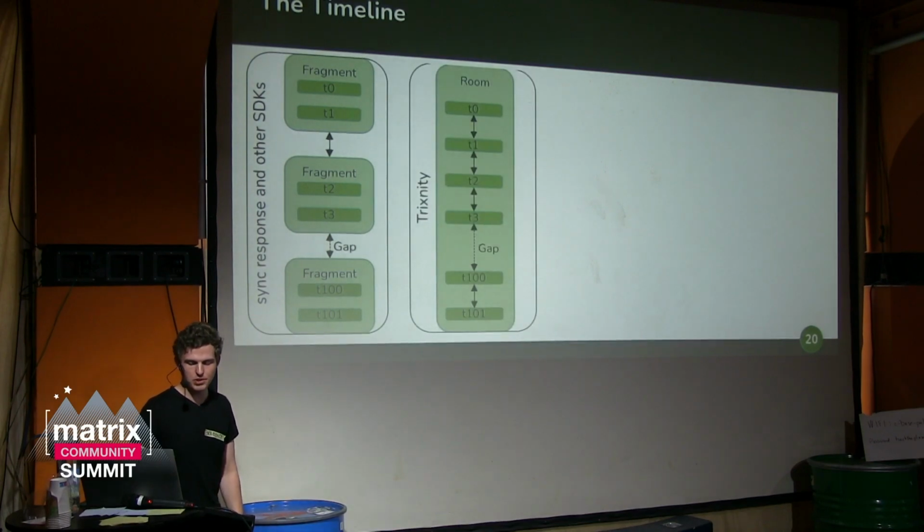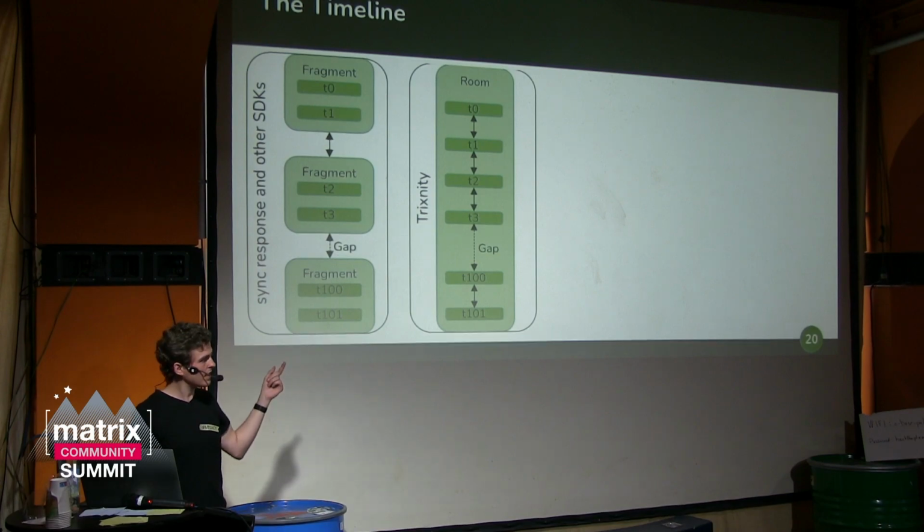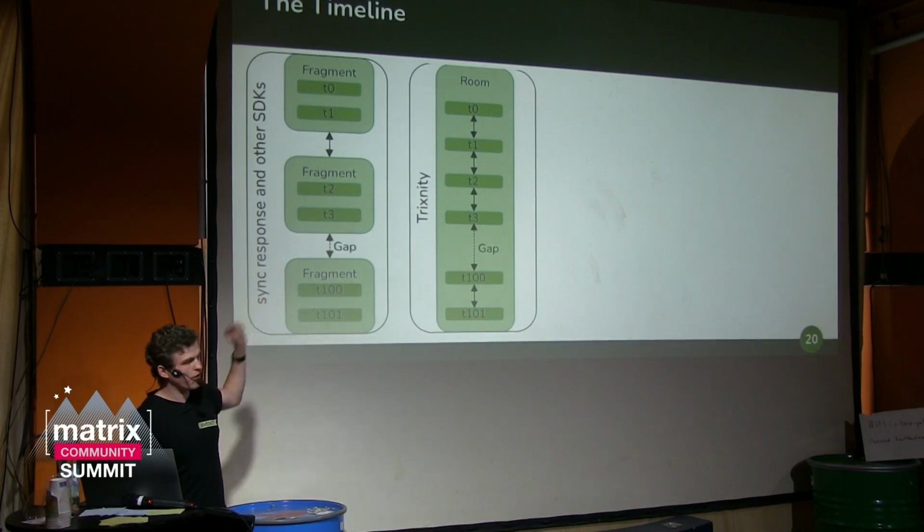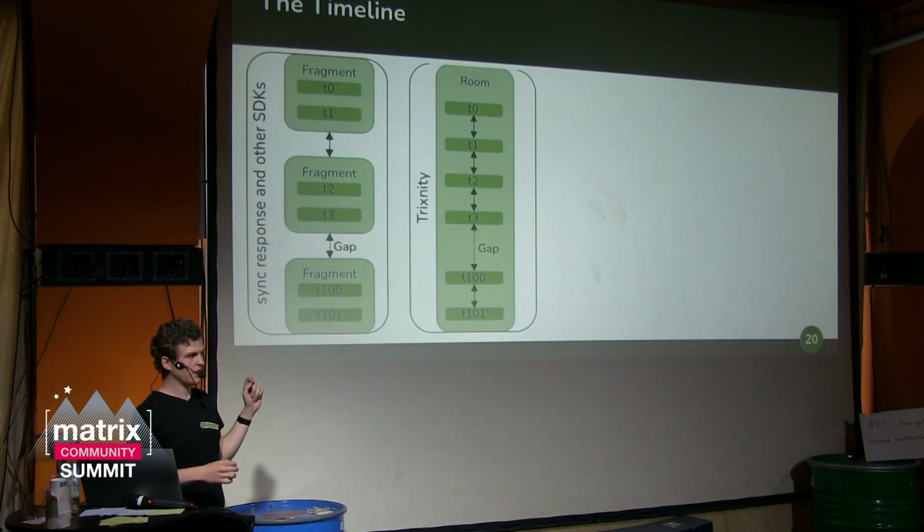And in Trixnity, we have another approach. Each timeline event links to the next and the previous timeline event. So in fact, this is also a flow. Not a flow as a time-changing value, but a flow as a location-changing value.